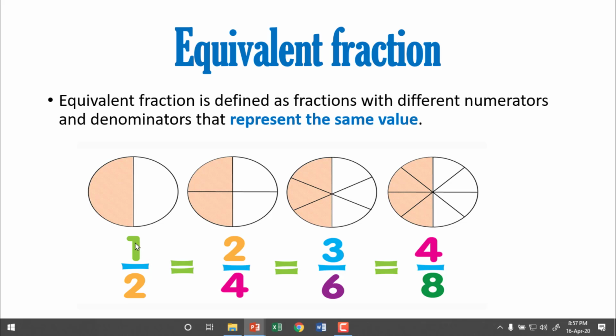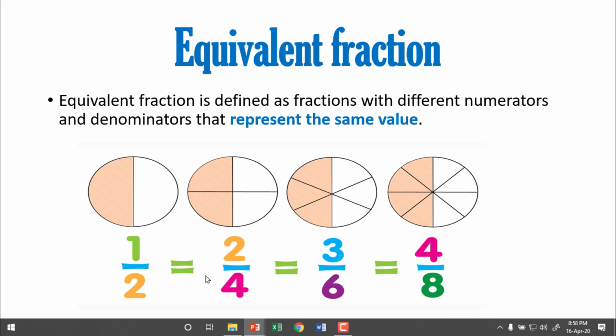Here, for 1 by 2 and 2 by 4, the numerators are different and the denominators are different, but they represent the same value. 1 by 2 represents half of the circle, and 2 by 4 also represents half of the circle. So we can say that 1 by 2 and 2 by 4 are equivalent to each other.